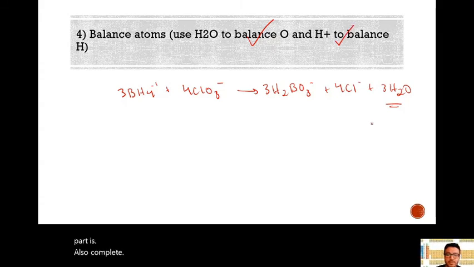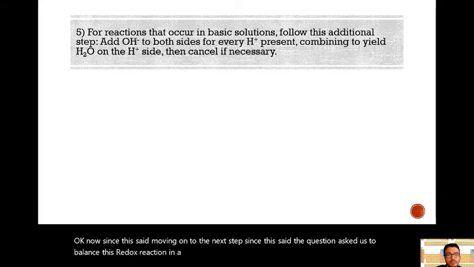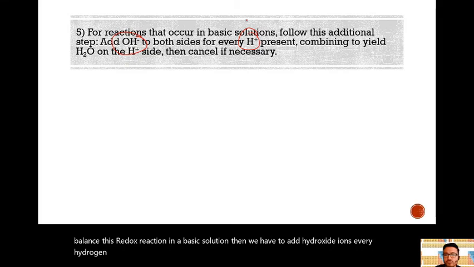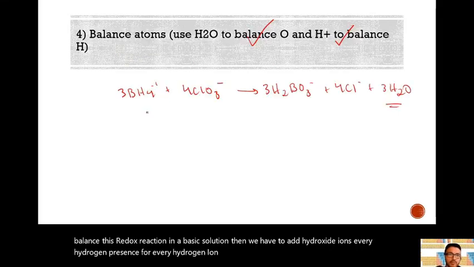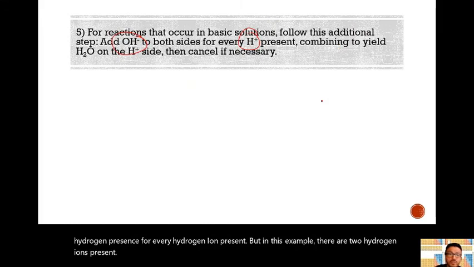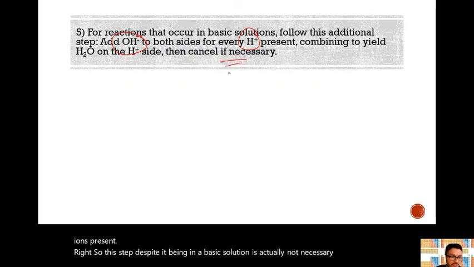Moving on to the next step, since the question asked us to balance this redox reaction in a basic solution, we have to add hydroxide ions for every hydrogen ion present. But in this example, there are no hydrogen ions present. So this step, despite it being in a basic solution, is actually not necessary. So only do that if necessary.